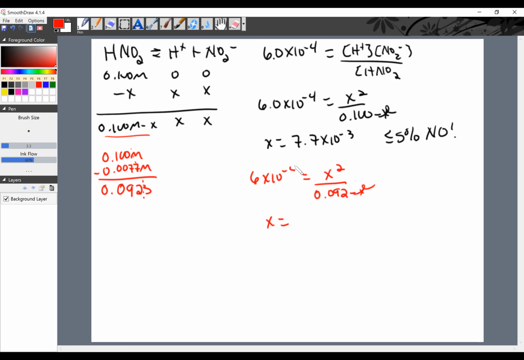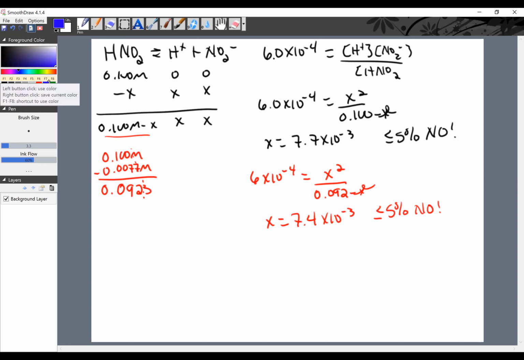It's supposed to be a -4. So 6 to the -4th and 0.092, square root it, and I come up with 7.4 times 10 to the minus 3. All right, it's still not okay, but I'm doing successive approximation, so I'm okay with that.